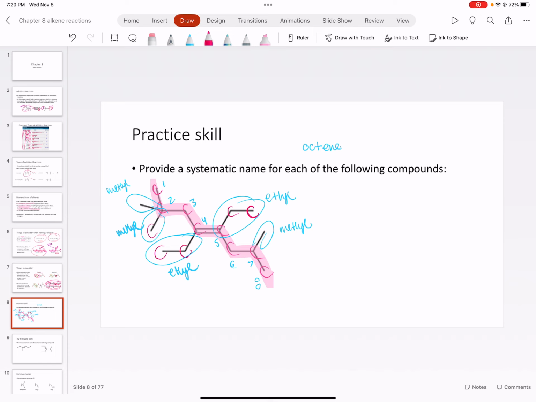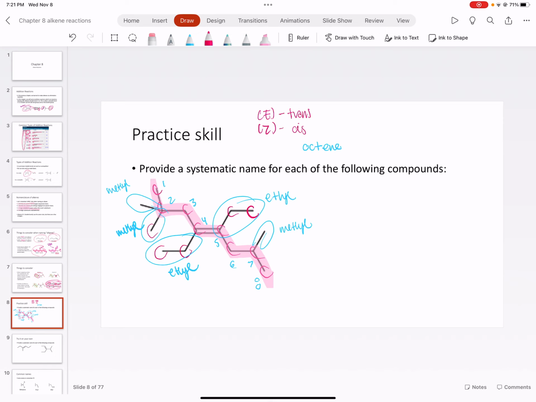For example, we say at the front of the name whether it's E or Z. So we do have to take that into account. E is for trans, and Z is for cis.